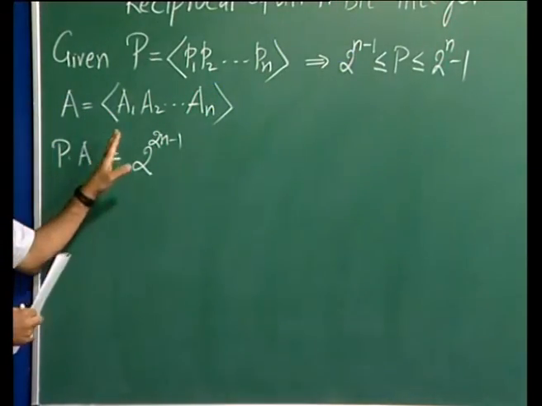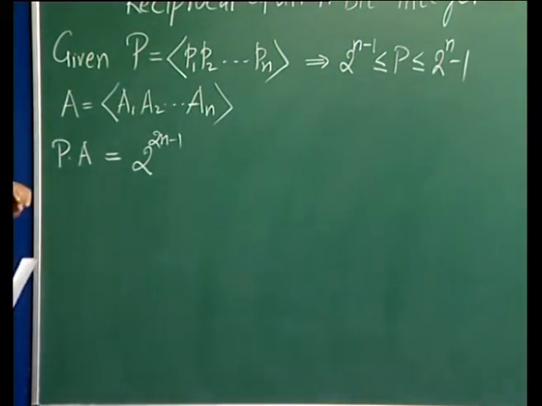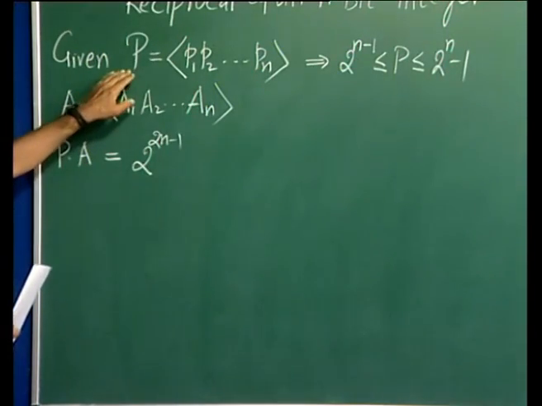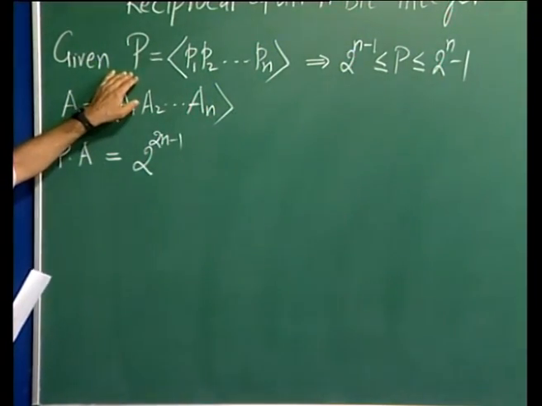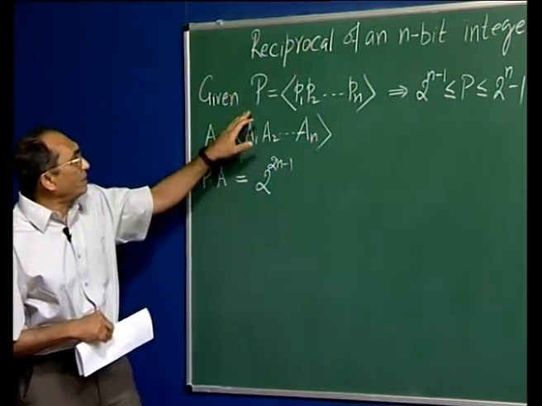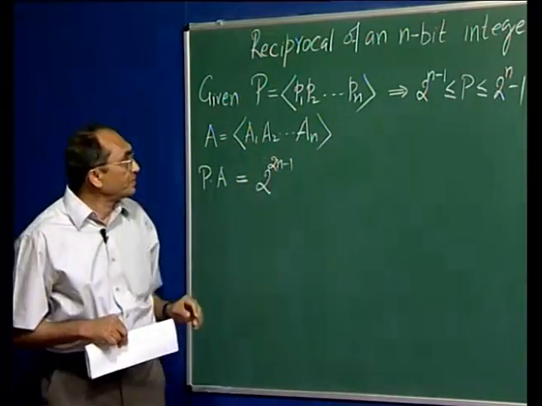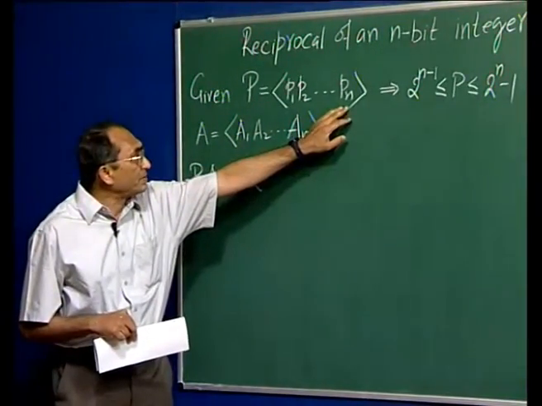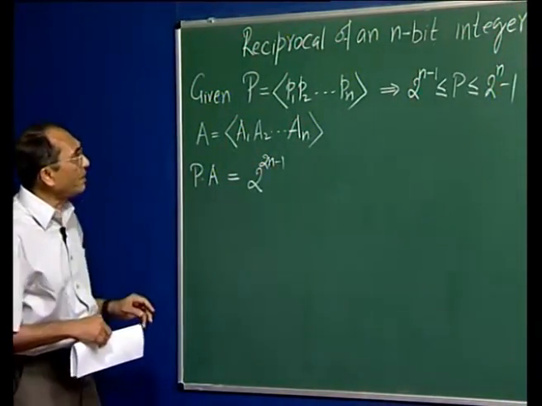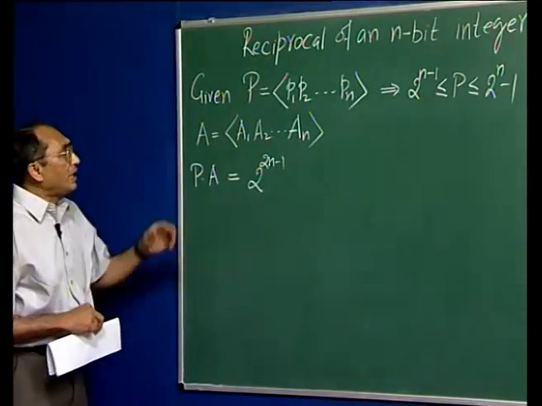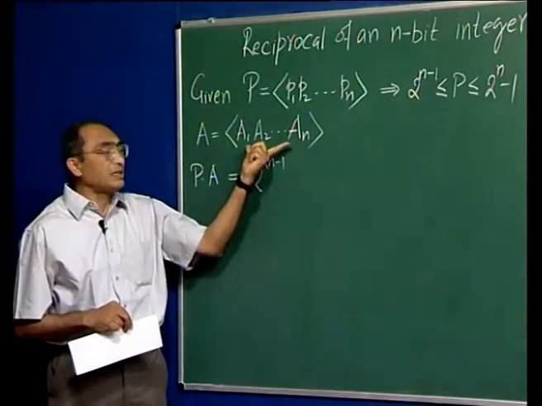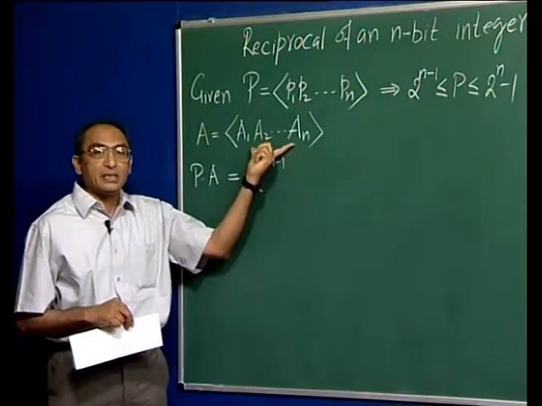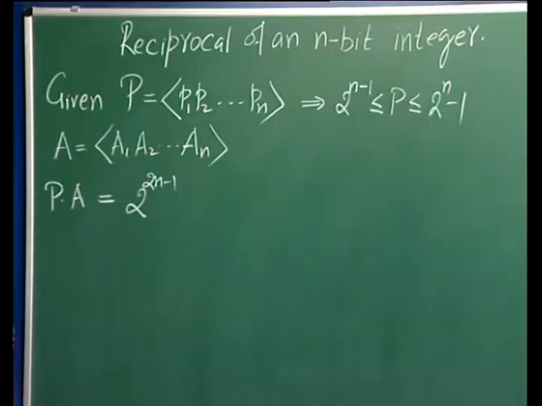Now the reason for solving this problem is that in general the reciprocal of a number is not going to be representable in a finite number of bits, and in case it has a finite number of bit representation, it may not be small. Our goal is to get the accuracy of n bits in the reciprocal. So we are representing it in this fashion.